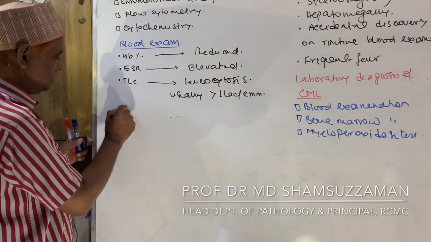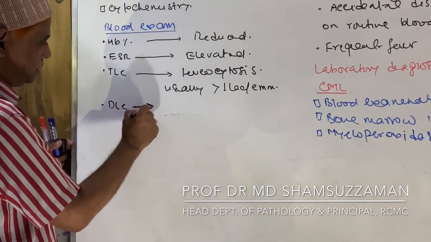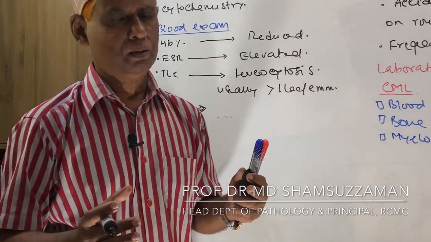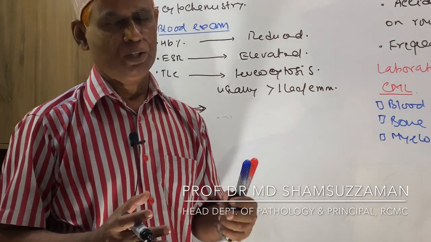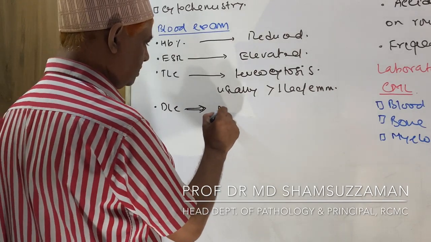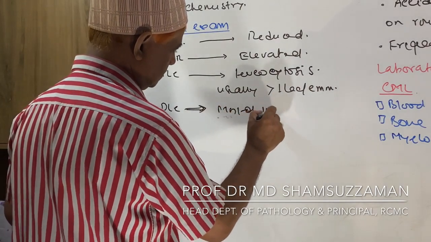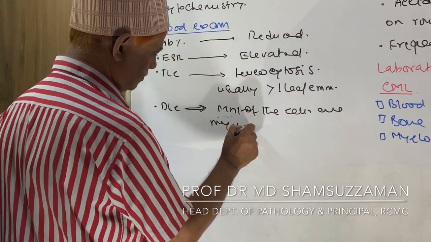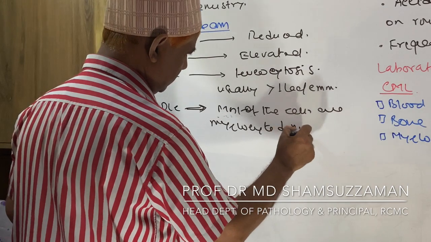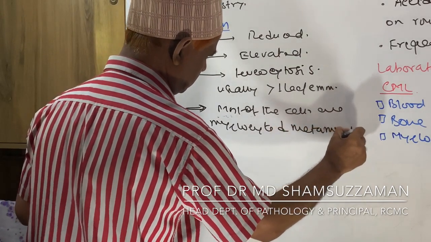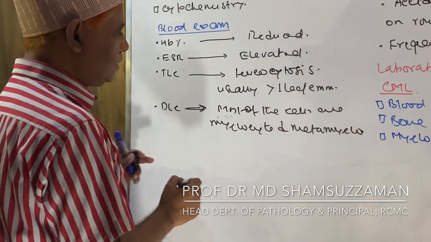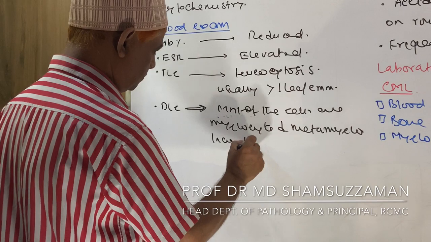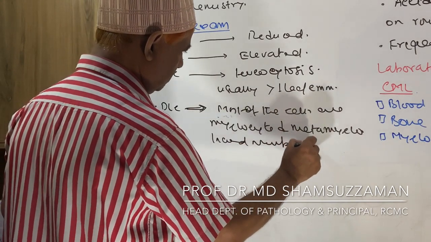Then we have to do differential leukocyte count, DLC. Here we will get most of the cells of the WBC series are myelocytes and metamyelocytes. Along with myelocytes and metamyelocytes, there is an increased number of basophils.